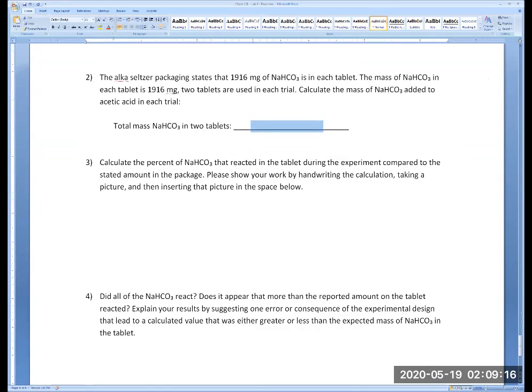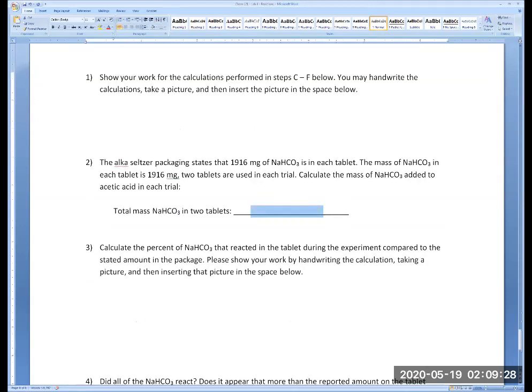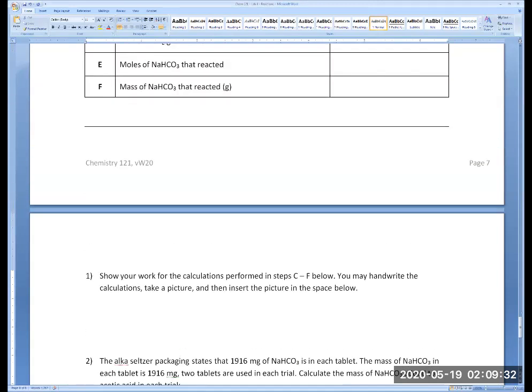Because then here, to calculate the percent of NaHCO3 that has reacted in the tablet during the experiment and compare it to the amount stated on the package, you will need to take the amount you found in question 1, that is here in the table, F, right?